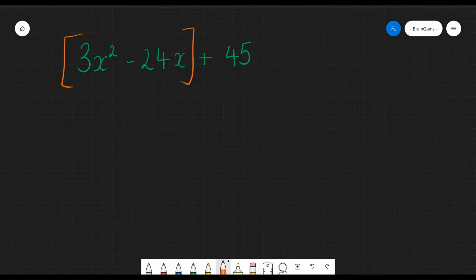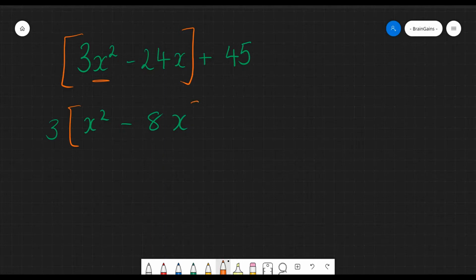Now, to be able to complete the square, you need the coefficient of x squared to be 1. In this case, the coefficient of x squared is 3, which means the first thing we need to do is factor out the 3 from the square brackets. So if we factor the 3 out, what we would get is 3 multiplied by x squared minus 8x.